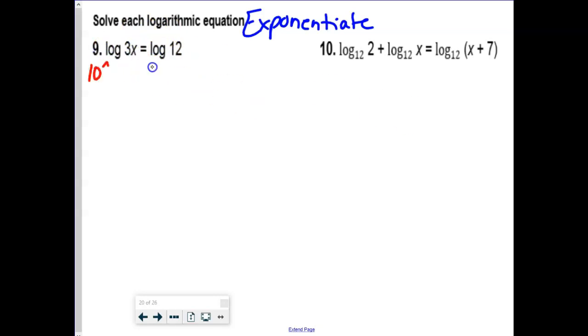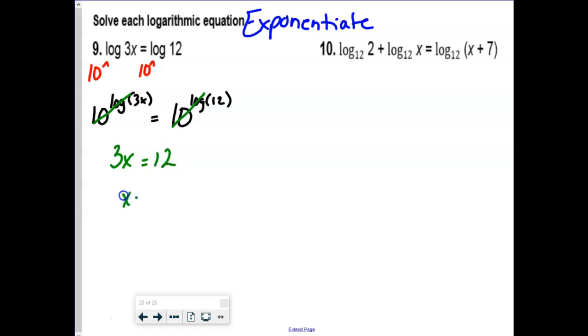So when you hoist this up with a base 10, and I'm just going to write this one out the long way the first time and then probably never again, what you have is 10 to the common log of 3x power equals 10 to the common log of 12. The reason we did that is because common log and 10 will cancel each other out and the 3x will drop down. And then the same thing happens over here. Common log and 10 will cancel out and the 12 will drop down. So that was an incredibly babyish question.